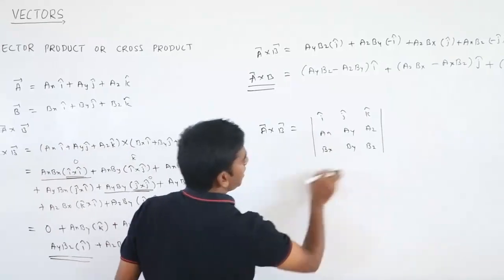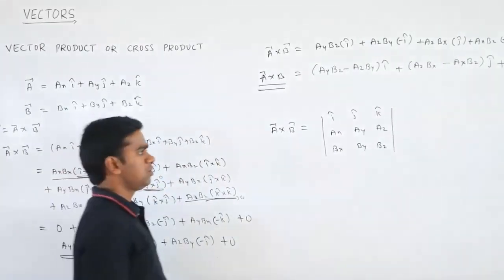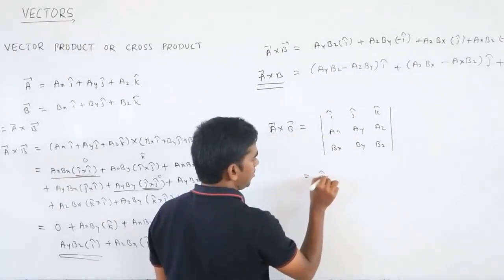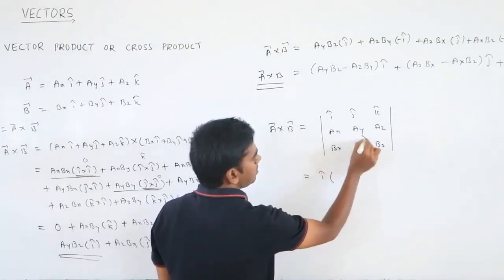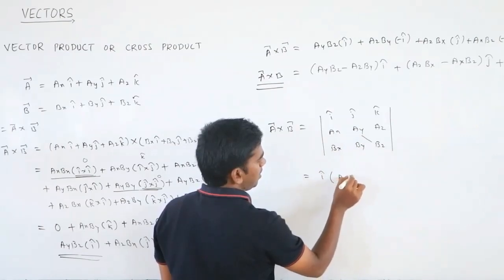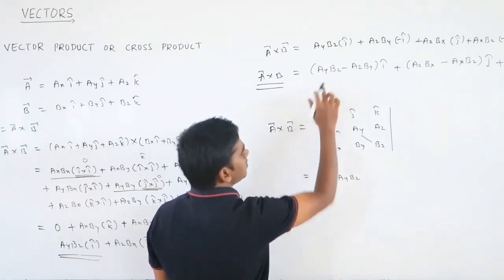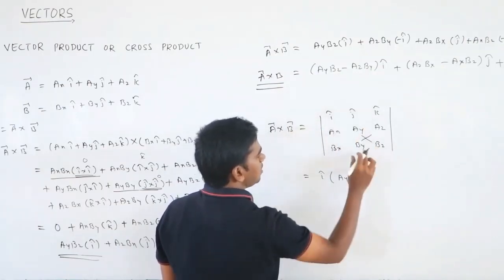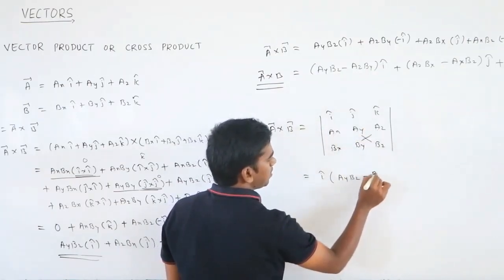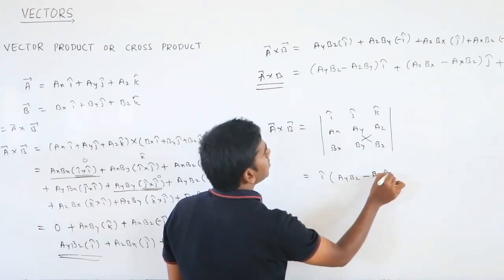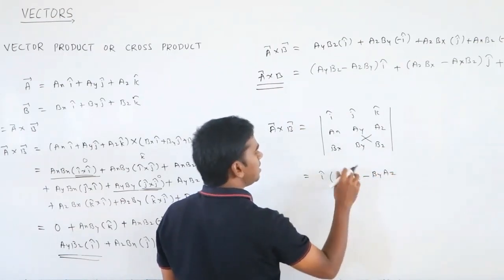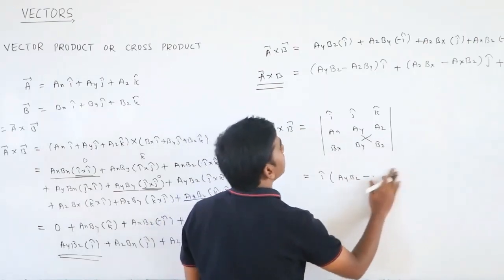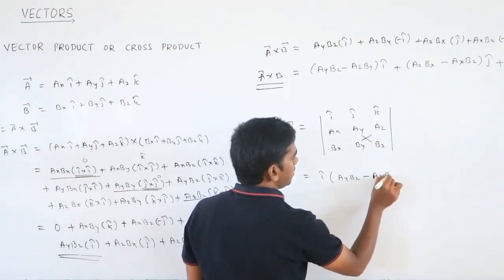Okay, so if you get this determinant, how to do this one is, first you write just i cap. So multiply these two: ay bz. Then multiply these two. Minus, you have to take negative sign. So az by.